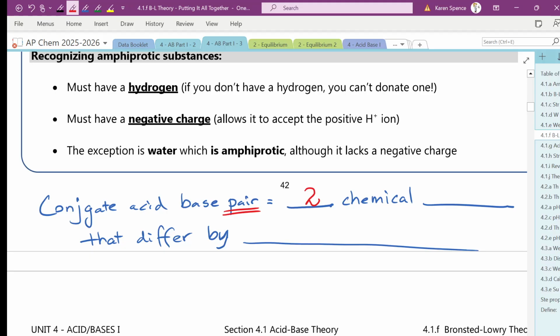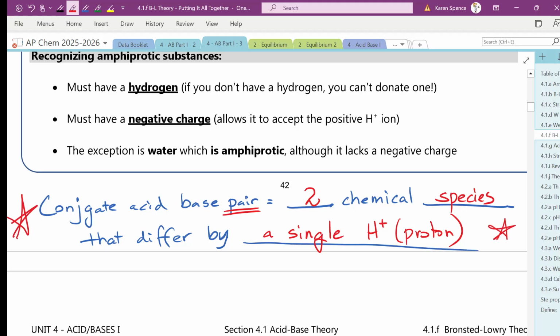So 2 chemicals, and what do we call chemical things? Species. 2 chemical species that differ by a single H plus, or a proton. You should be able to define that.